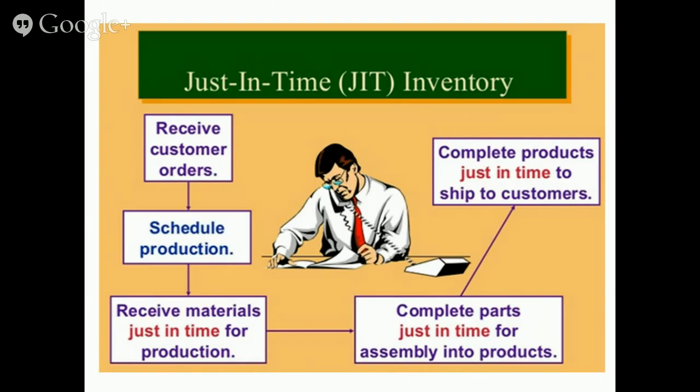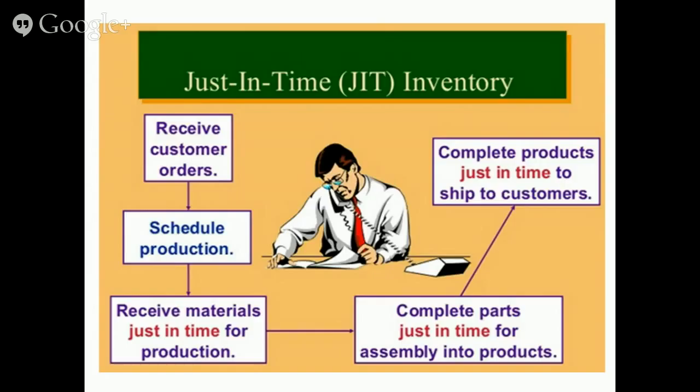Let's have a short look at the significance of the term just in time, JIT. We start to the left. After receiving an order from the customer, the manufacturer must plan or schedule the production. Materials needed must be produced, ordered, and received.